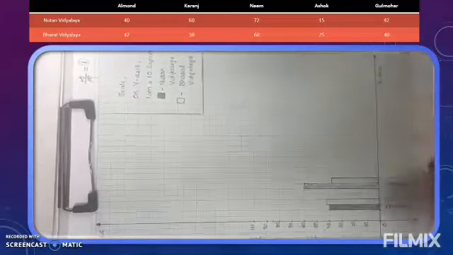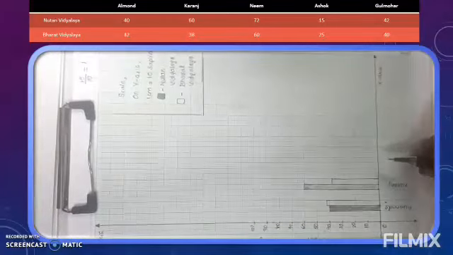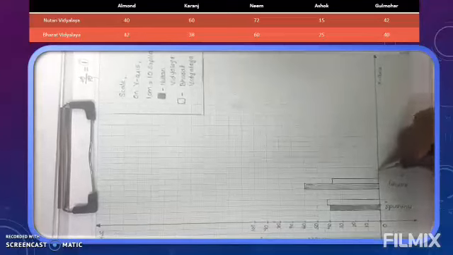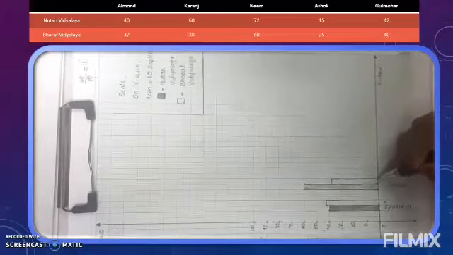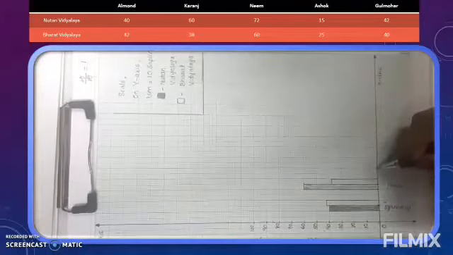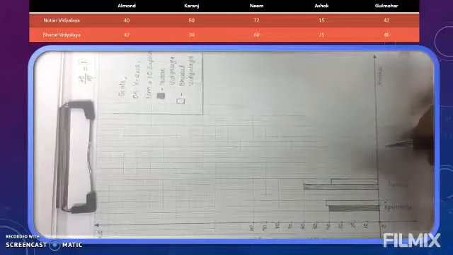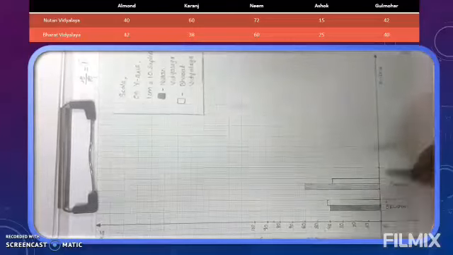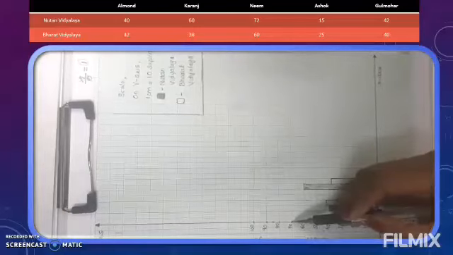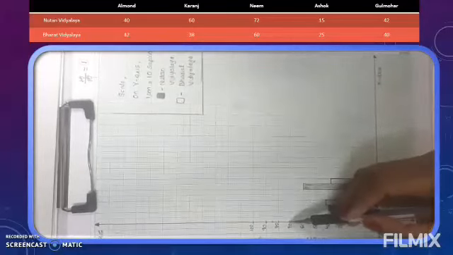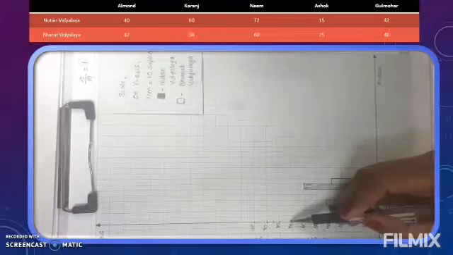Clear? Now in the same way we will proceed ahead. The third sapling is neem. Again we will start from here and finish, then start again from the next darker green line. You will not leave any darker green line. Now neem is 72. Again, 70 we have here. 72 means the second thin line.